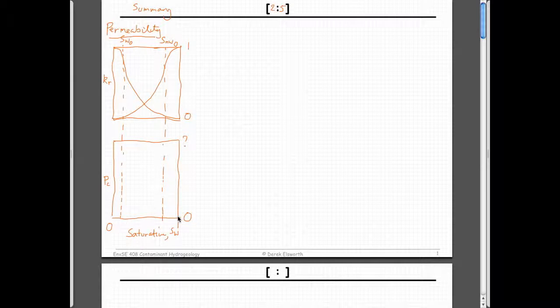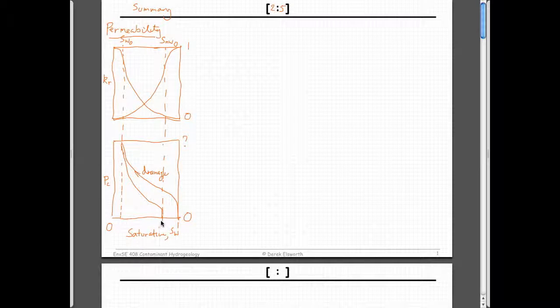And then the capillary pressure versus saturation curve looks like this. This is our drainage curve because you're draining water. This is our imbibition curve because it spontaneously imbibes water.